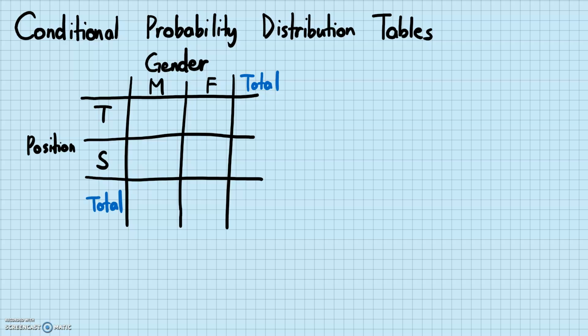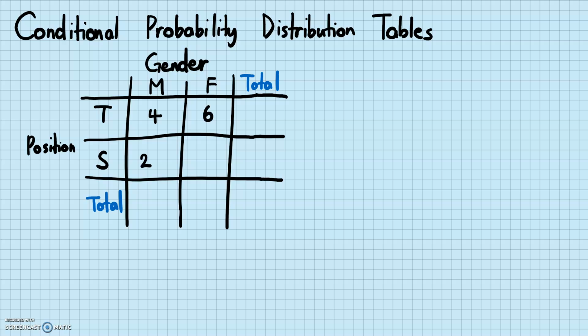And we got the frequencies or the probabilities of each of these. So for male teachers, actually let me start with the frequencies first. There were 4 male teachers and 6 female teachers.